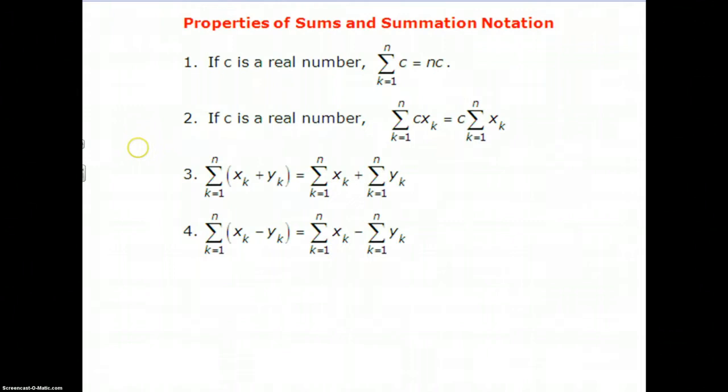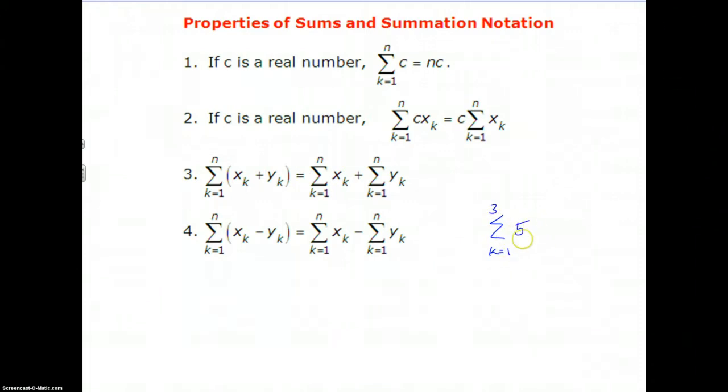Okay. Properties of sums, very similar to what we've seen before. If c is a real number, we're summing up c. Think about what this may look like. Let's pick a real number, 5. So we're going to sum from k equals 1 to k equals, let's just say 3, of the number 5.